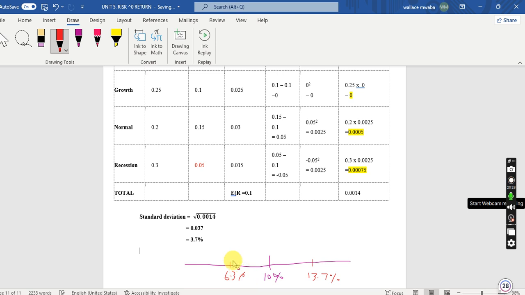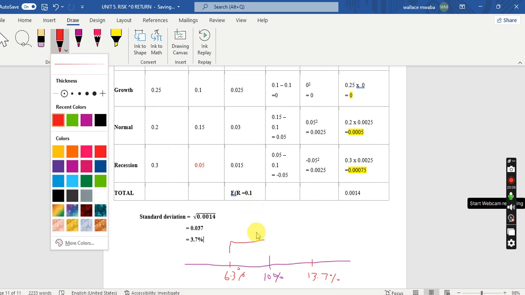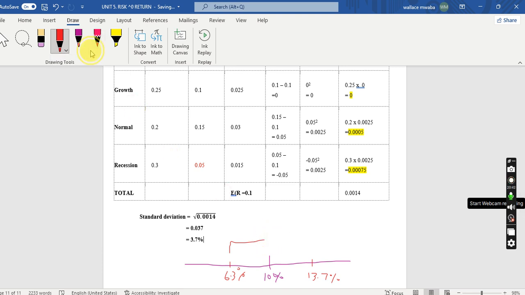So when you invest in this company, this is the range you can expect your returns to be. You might get a 7% return, you might get a 12% return, a 13% return, an 8% return, or you might get the actual 10%, but it's just giving you a range where you expect your returns to be.